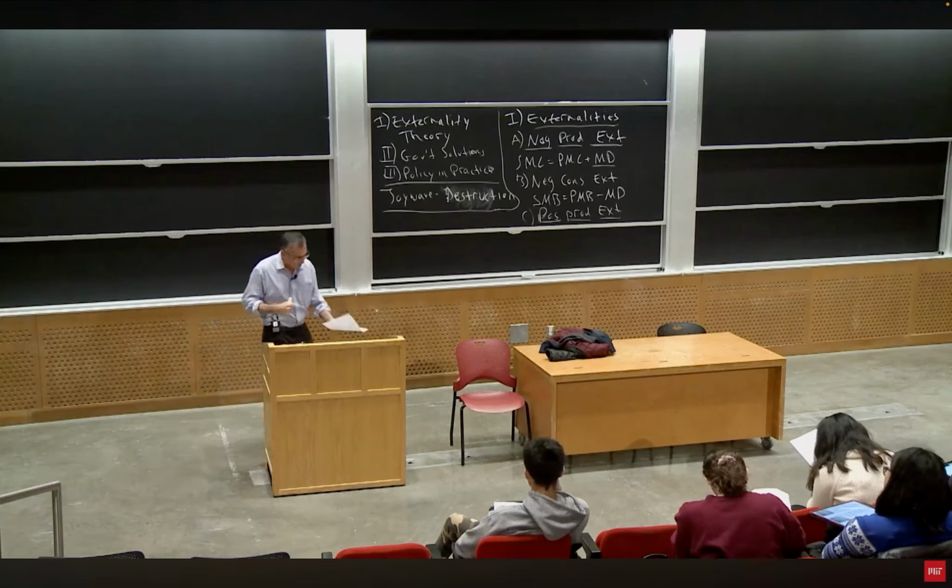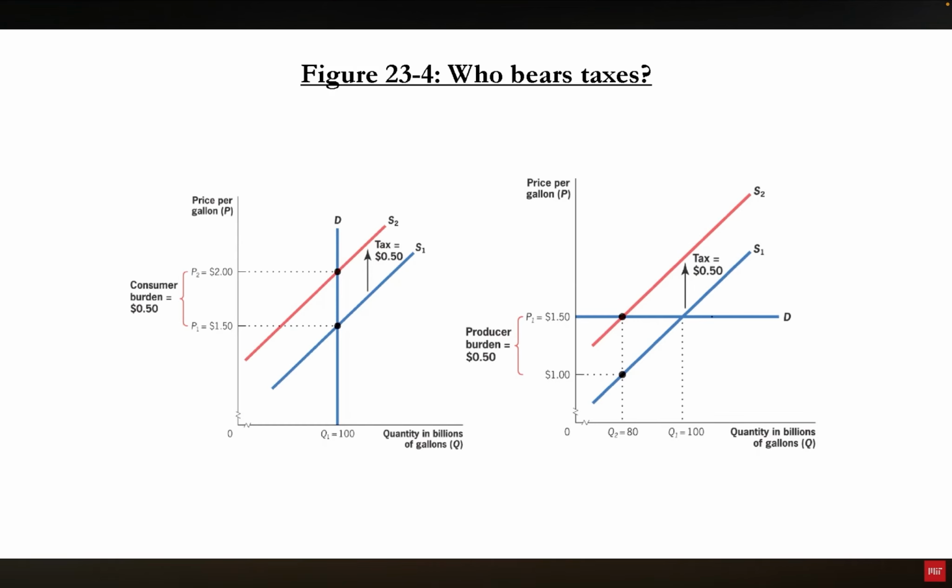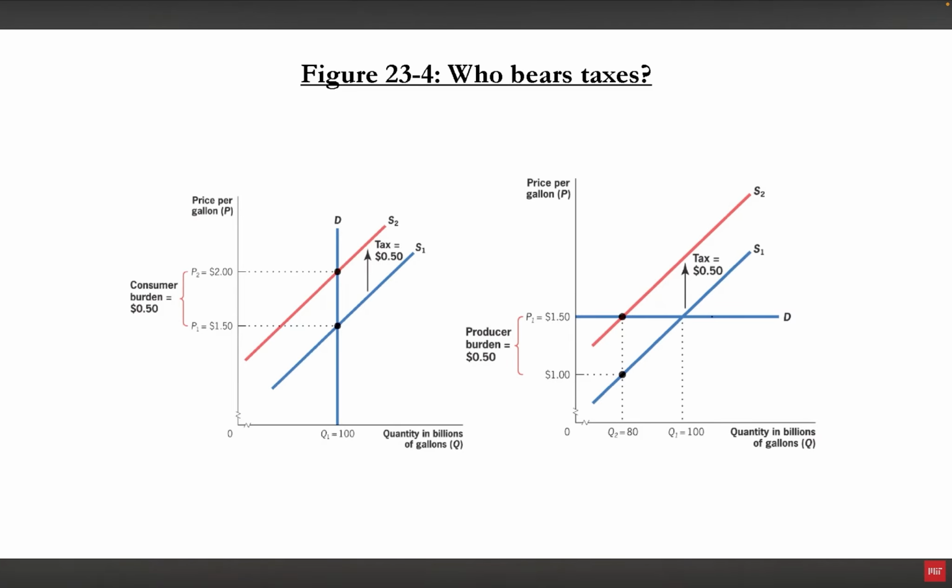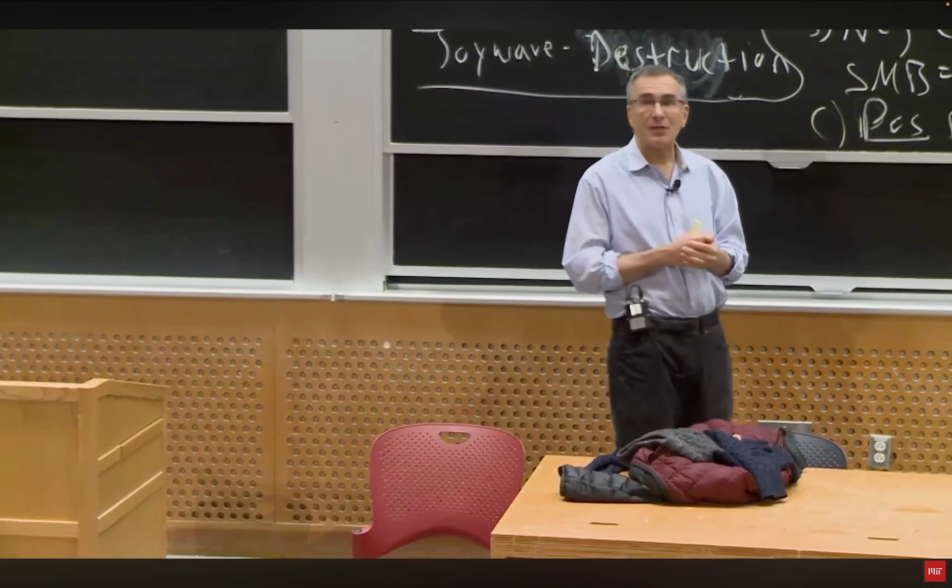So if you go to figure 23.4, think about the market for R&D. When a firm's deciding how much R&D to do, it considers what's the cost of R&D. R&D is a cost. You've got to hire scientists and build labs and so on. So that's the private marginal cost. And there's a benefit for R&D, which is how many patents it delivers for the firm. That's going to drive the demand.